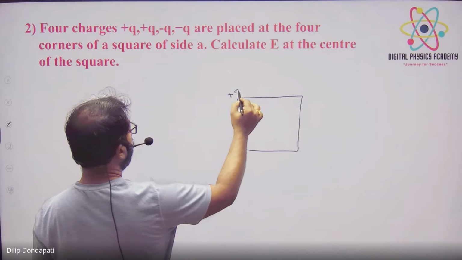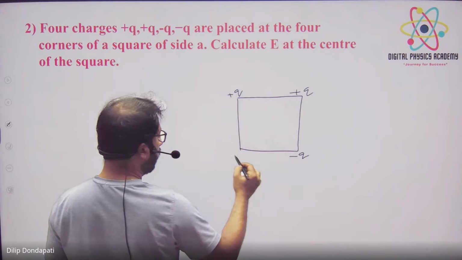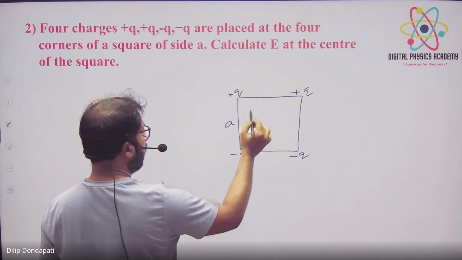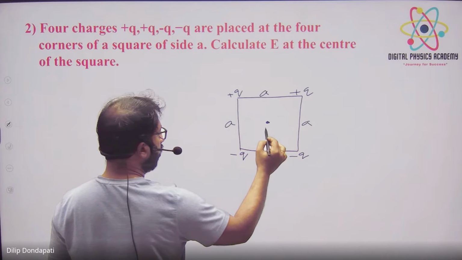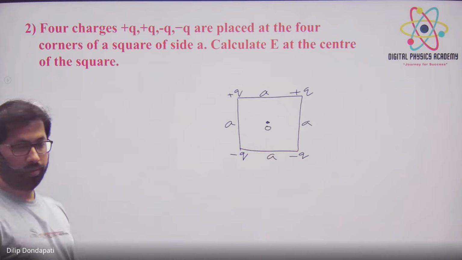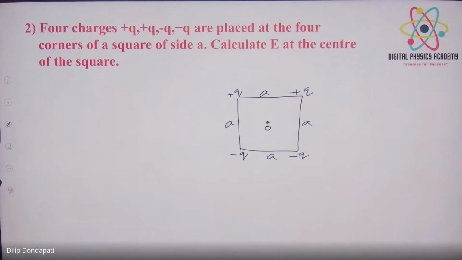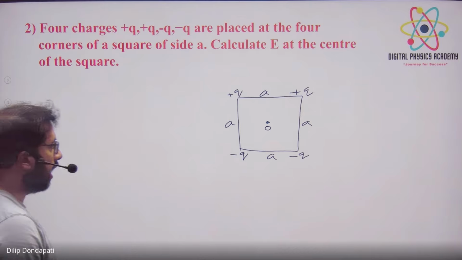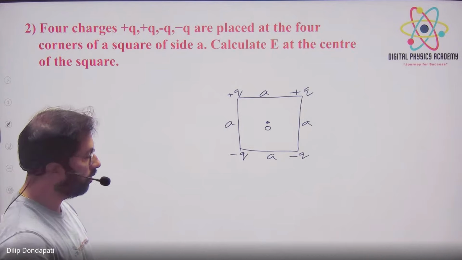Plus Q, plus Q, minus Q, minus Q. And its side is A. I want to find the electric field at the center. Find it. First the arrows, then find the relationship, then again draw and find.